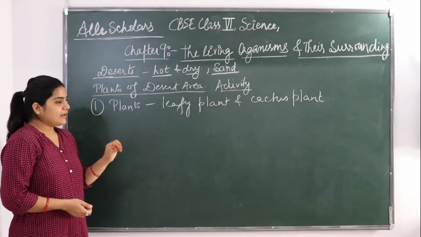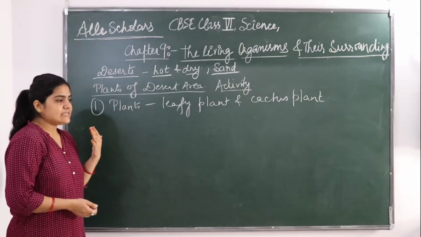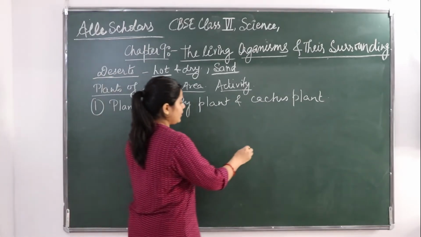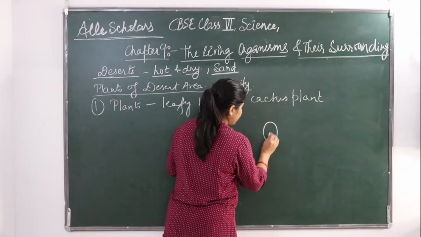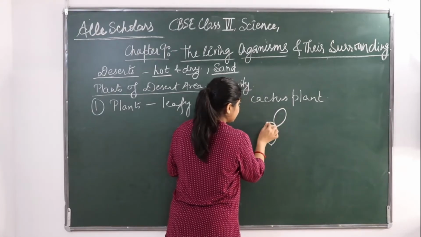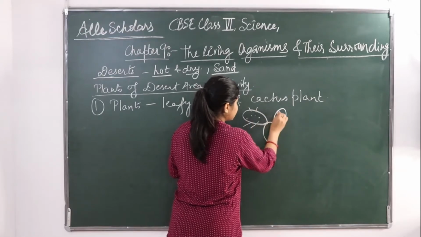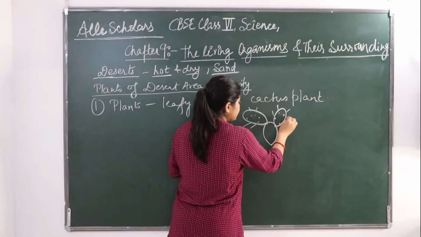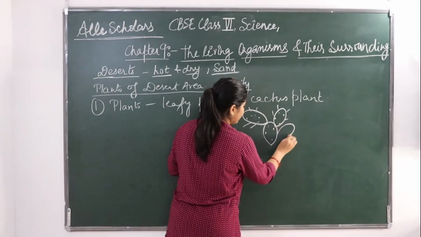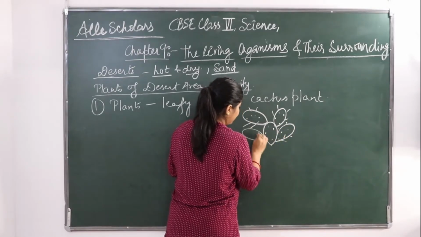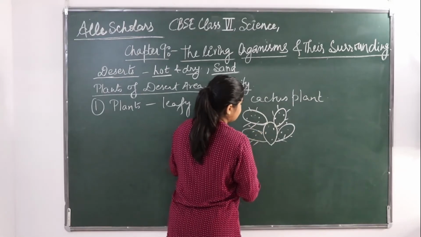Okay, so the leaf-like structure basically that we see in cactus is in fact its stem. As I have already drawn the diagram and shown you, this leaf-like structure that we see in a cactus is its stem only. Okay, it's not leaf. Basically, the leaves are modified as a stem.